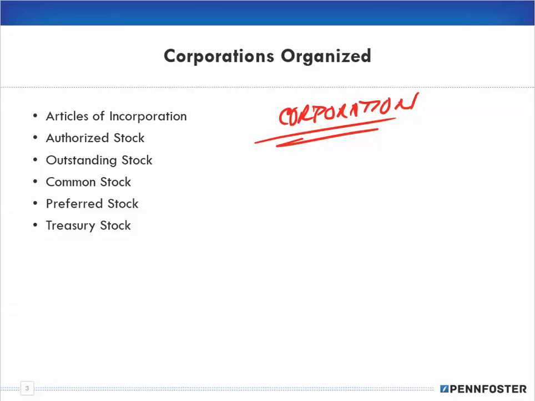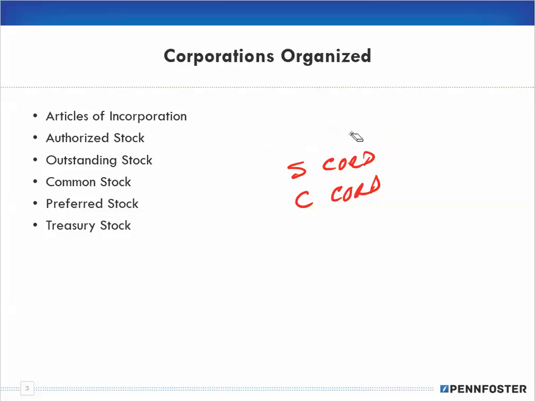That happens a lot, and realize that there are different types of corporations. There's an S corp and a C corp. But we're not going to get into the different types of corporations. That's more in-depth. Remember, we're looking at a high-level view here.